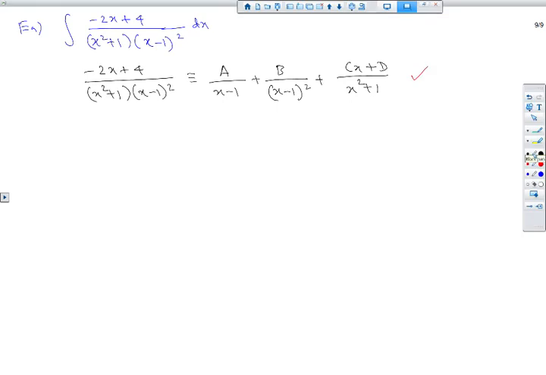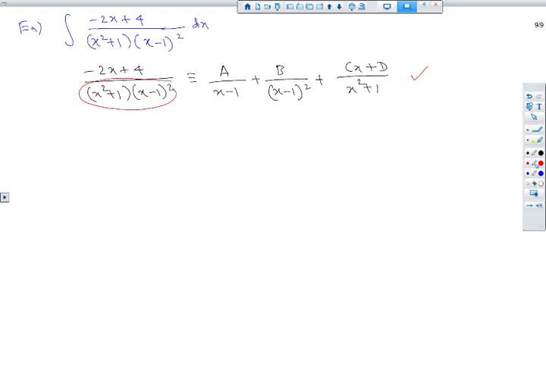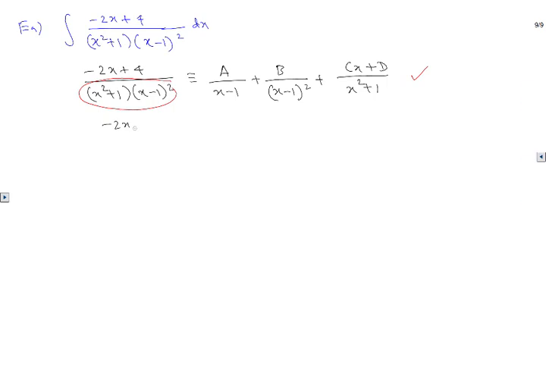So we're going to multiply both sides by the common denominator. If you do that, you're going to get negative 2x plus 4 equals a times one term, and also one quadratic, plus b times x minus 1 squared will cancel, you only get x squared plus 1, and then here you have cx plus d, and then we have x minus 1 squared.